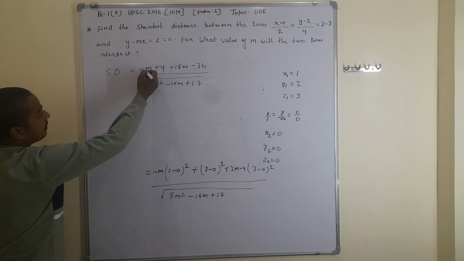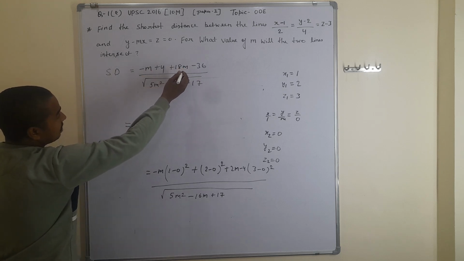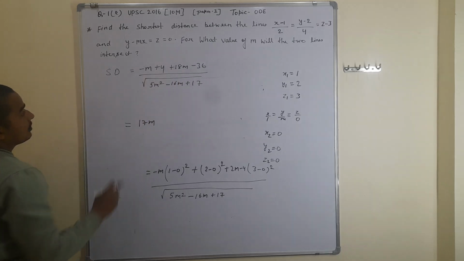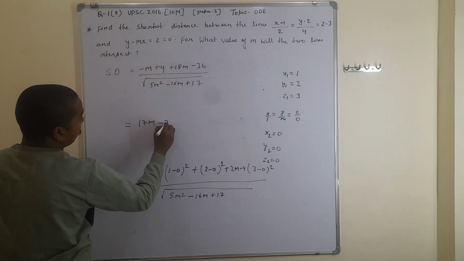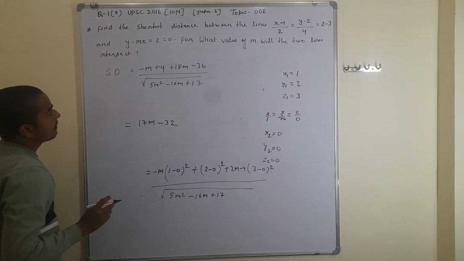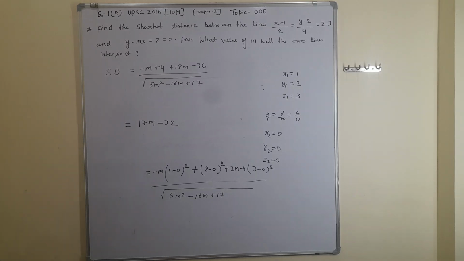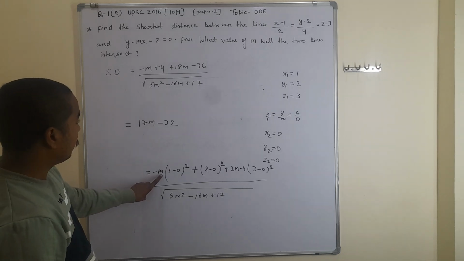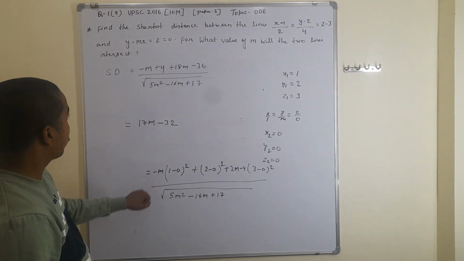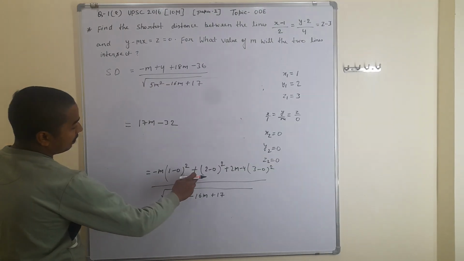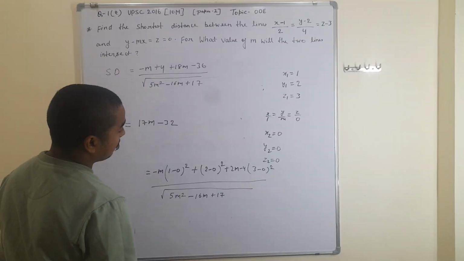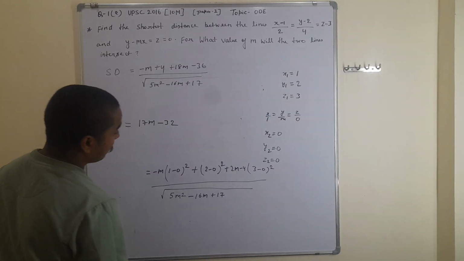Some mistake has happened. It is minus m into (1 minus 0), 2 minus 0 is 2, and from here 3 minus 0, that is 3.